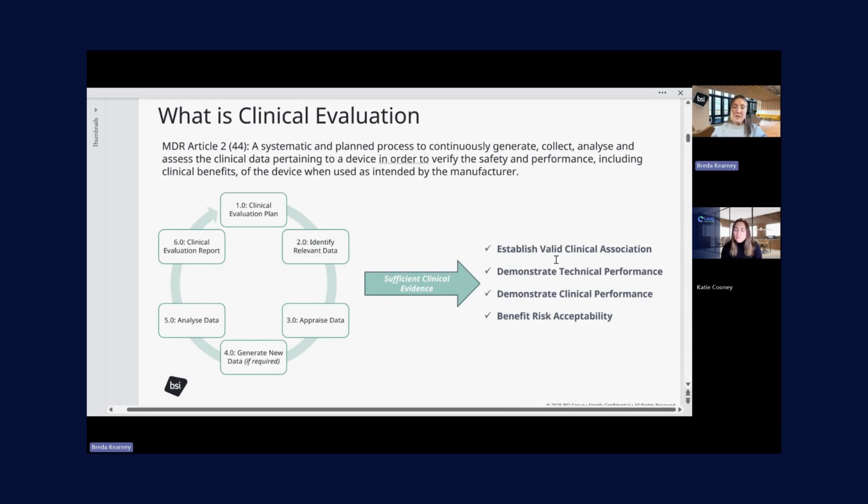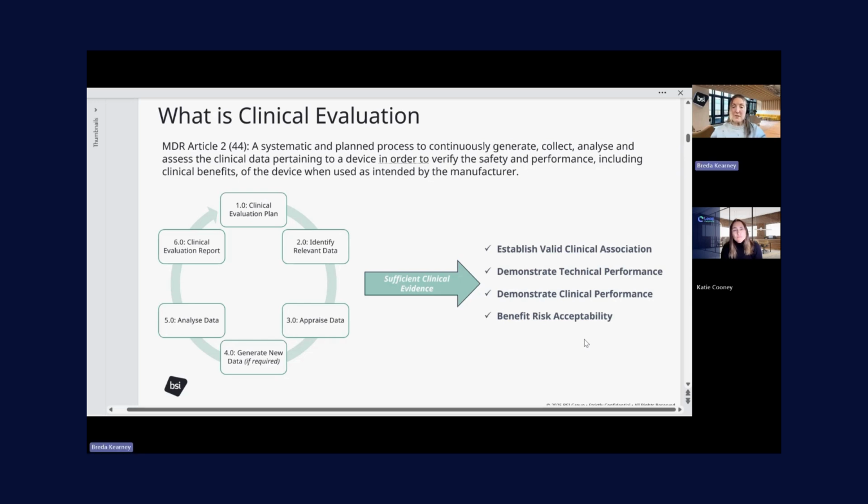So that's an important difference between software as a medical device versus other types of medical devices. There are 4 things we're trying to prove. We have to show clearly that there's a valid clinical association, demonstrate the technical performance, demonstrate the clinical performance, and then, as for all devices, demonstrate that the benefits of using it outweigh the risks.